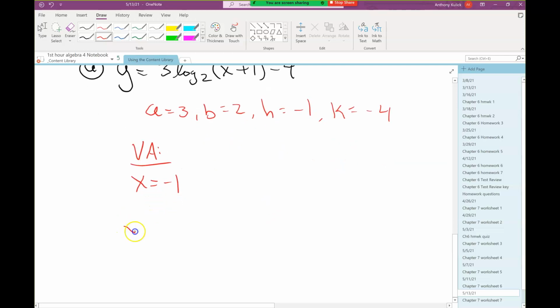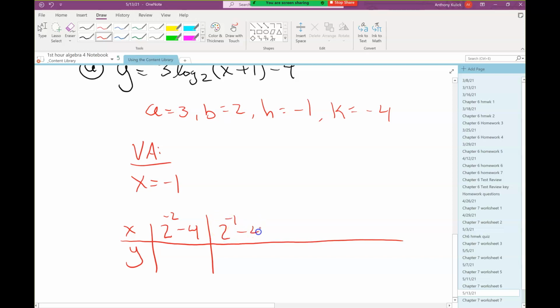And then I can start making my xy table. So I have b to the negative 2 plus k. So plus and negative 4 is the same thing as minus 4, so I'm not going to write the plus and negative because it's just like an extra symbol. And then I have b to the negative 1 plus k, b to the 0 plus k, b to the first plus k, and then b to the second plus k.